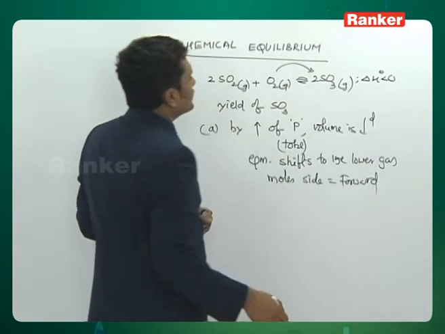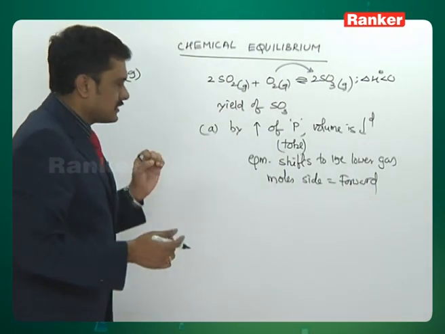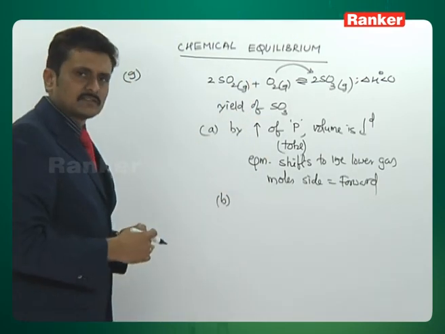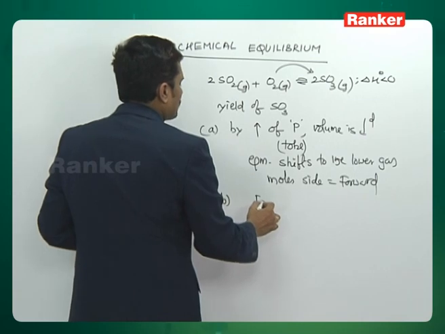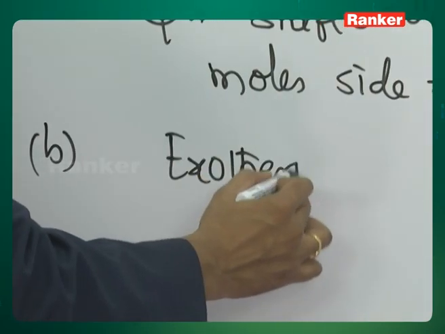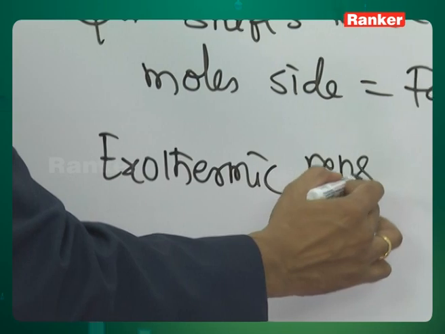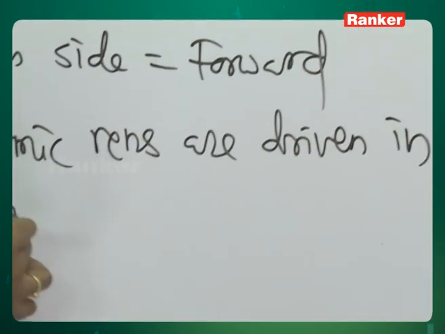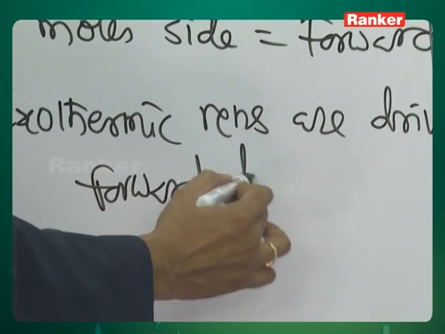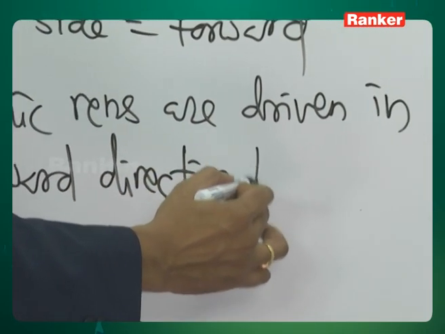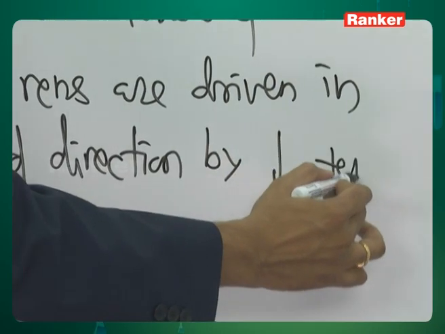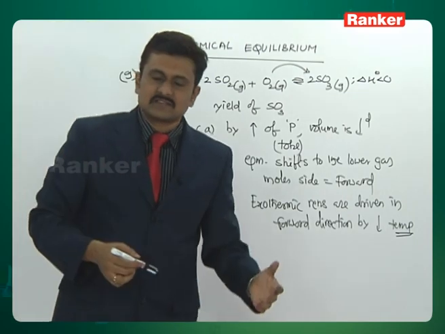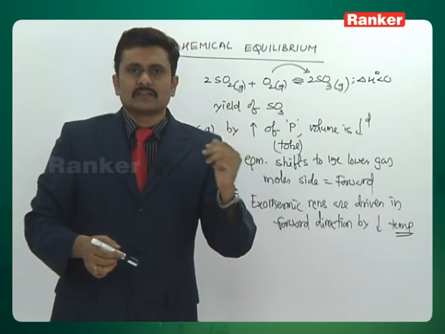So, I can increase the yield of SO3 by increasing pressure, and this is an exothermic reaction, right. Exothermic reactions are driven in the forward direction by decreasing the temperature, whereas endothermic reactions are shifted in the forward direction by increase of temperature.